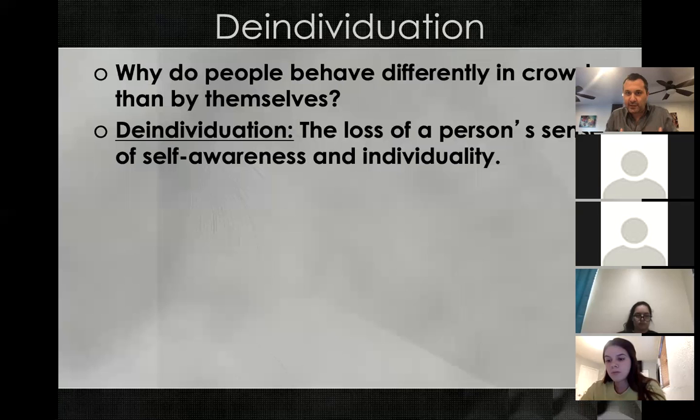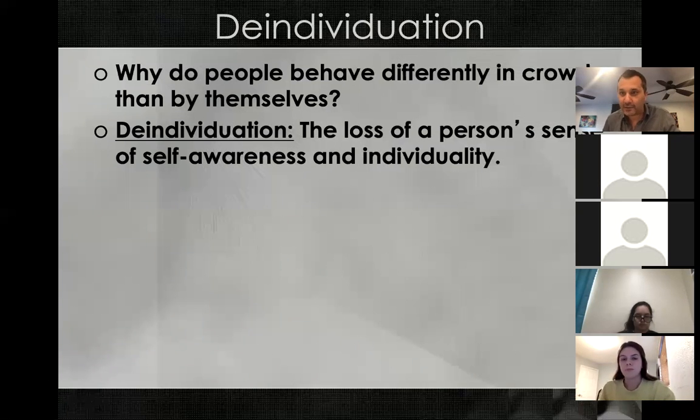When you have this sense of a loss of individuality, what that means is you're not self-focused. You're not thinking about your standards of morality. As a consequence, those standards become lessened. Our behavior is not as constrained by those standards. So maybe if you're by yourself and someone does something to annoy you, you know you can't just hit that person.